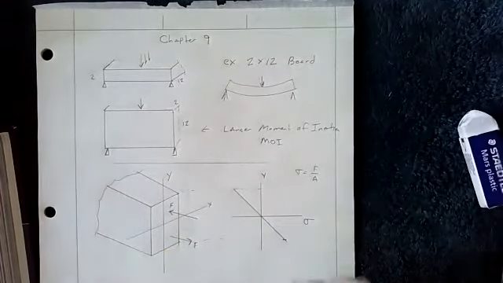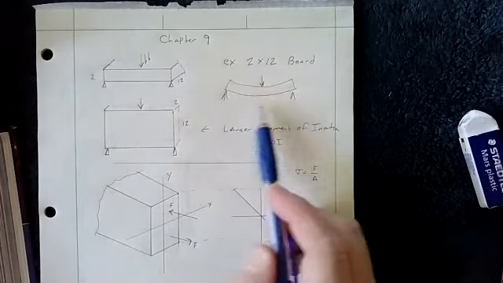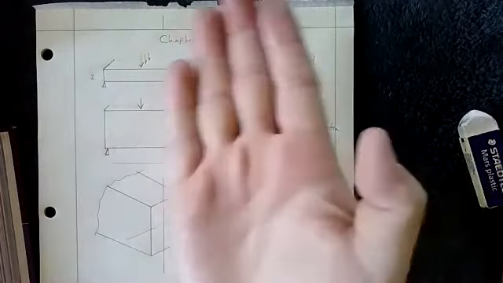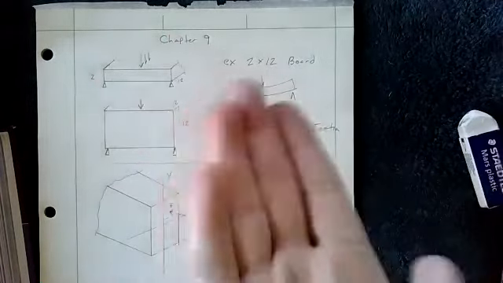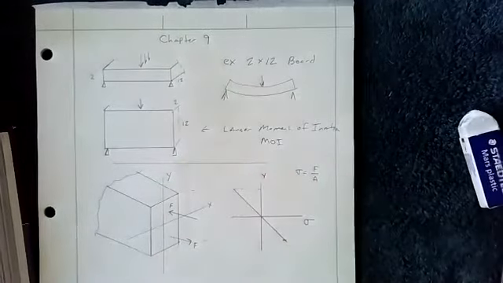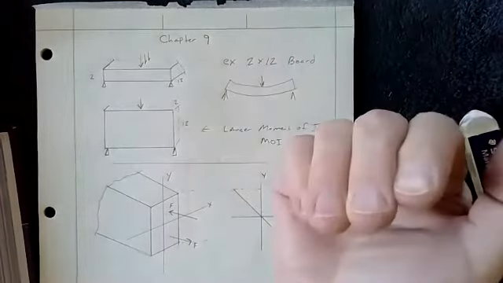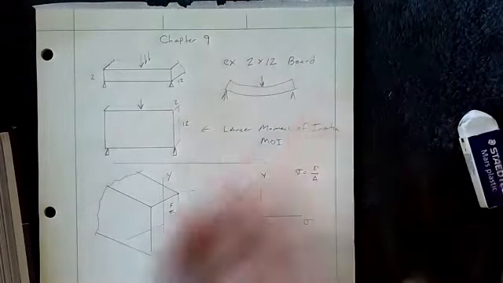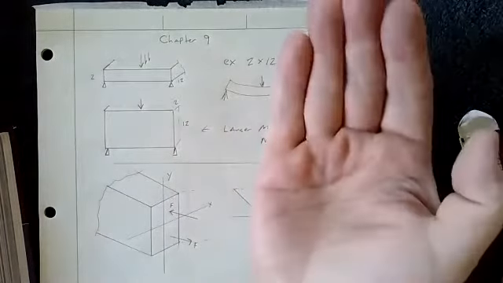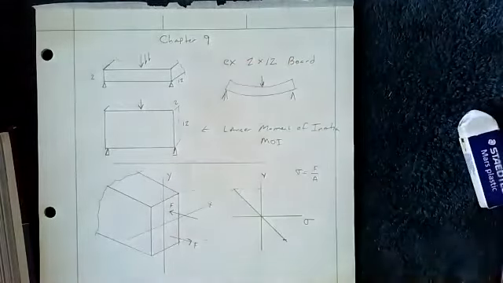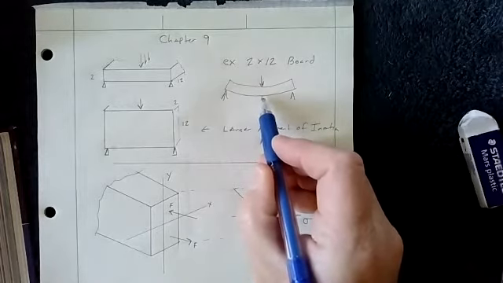The reason this has the shape it does is when you bend something like this, think of it like your hand. Take your right hand and cup it. When you cup it, you're effectively making a shape like this, and you notice that the skin in your palm compresses and the skin on the back of your hand is in tension, is pulled.